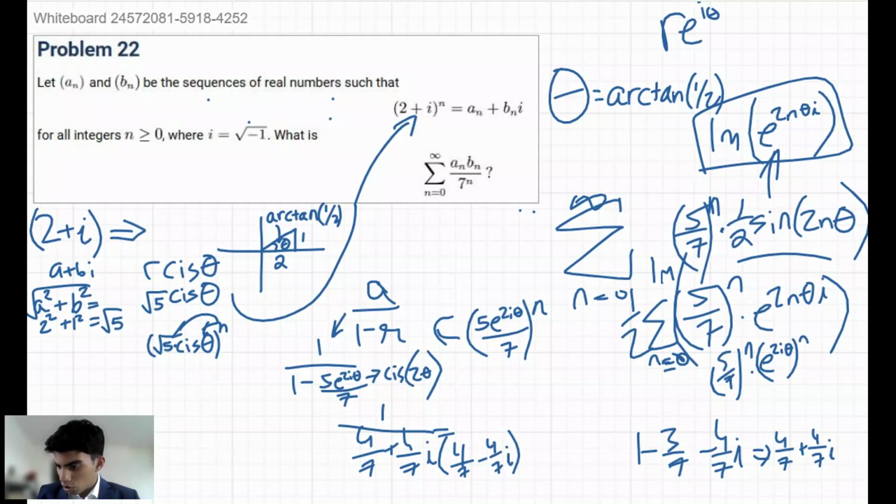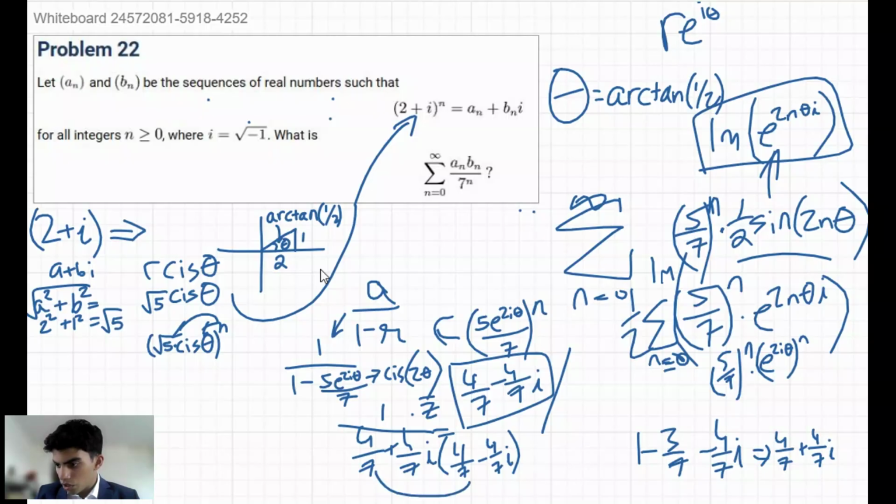And so when we multiply that, I'll say multiply by conjugate, the numerator would be 4/7 minus 4/7 i. And then this will be divided by the product, so we essentially just FOIL it out.